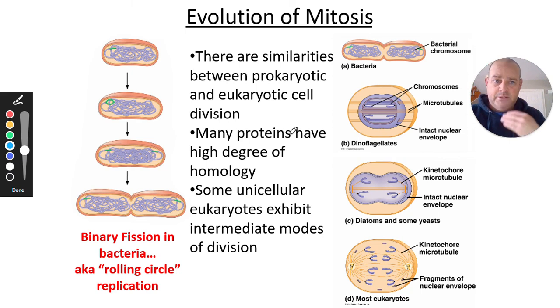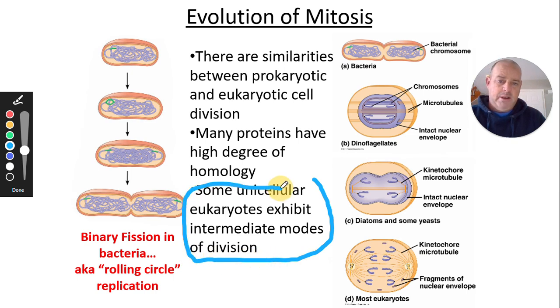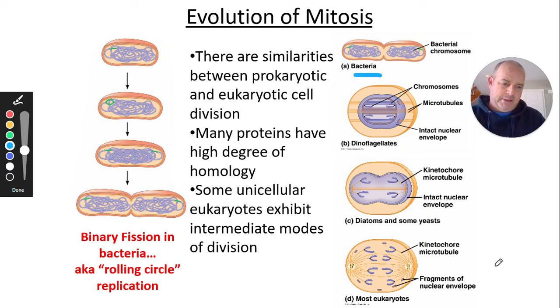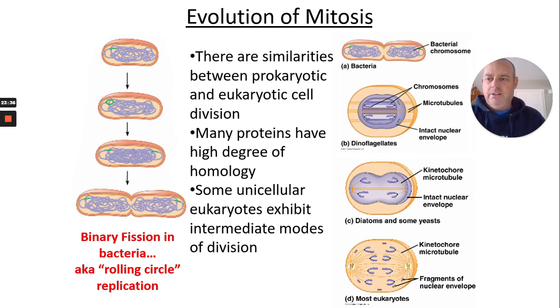The process probably just evolved, and there are some intermediate modes of cell division, like in these dinoflagellates and diatoms and in some yeast. They're a little bit more complicated than the bacteria, not as complicated as the eukaryotes down here, but they do share some of the same proteins, like kinetochore proteins. So there are these intermediate modes of mitosis. You may not have thought about that before, but there is kind of an evolution of mitosis.